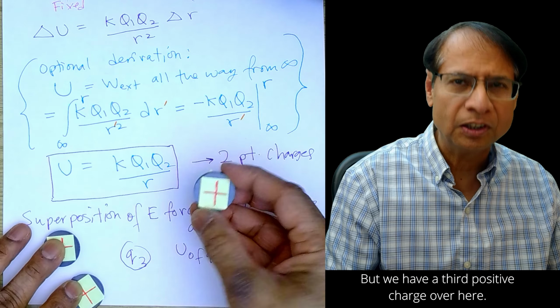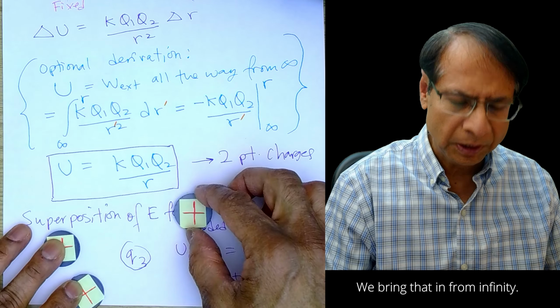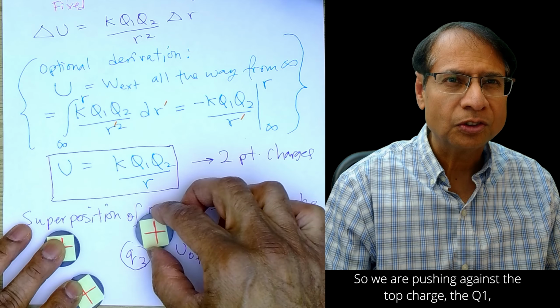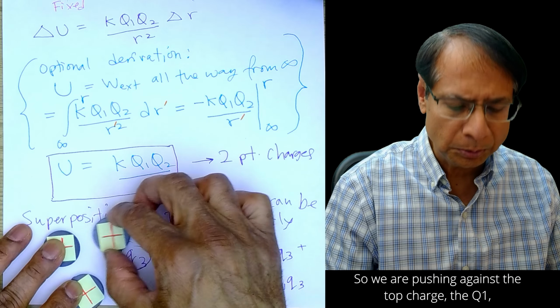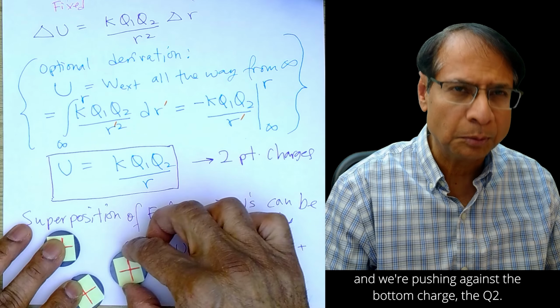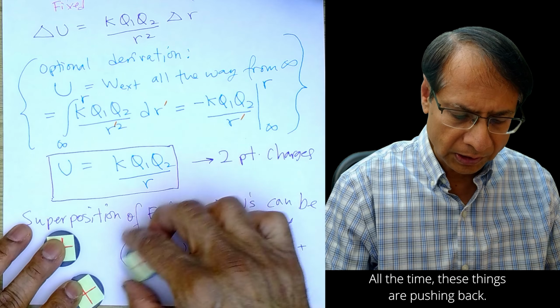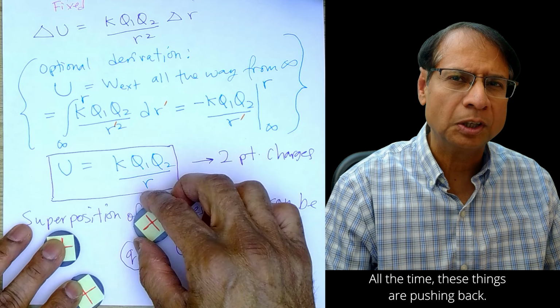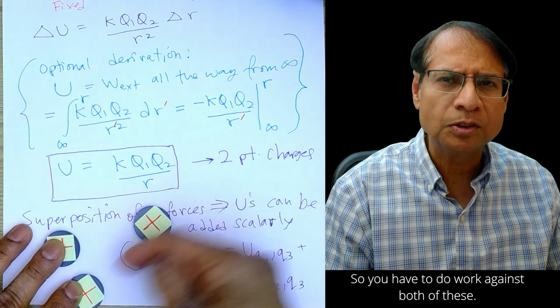But we have a third positive charge over here. We bring that in from infinity. So we are pushing against the top charge, the Q1, and we're pushing against the bottom charge, the Q2. All the time, these things are pushing back. So you have to do work against both of these.